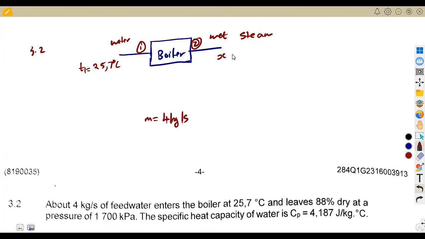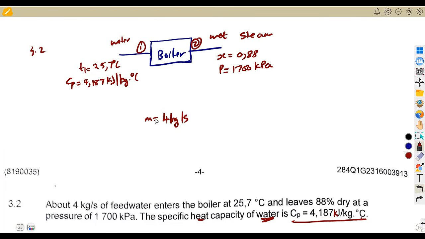So you're given the dryness fraction of 0.88 at a pressure of 1,700 kilopascal. The specific heat capacity of water, take note, this time we are given. Be careful, these are supposed to be kilojoule per kg degree Celsius. Remember what I was saying? These guys, they are full of mistakes.